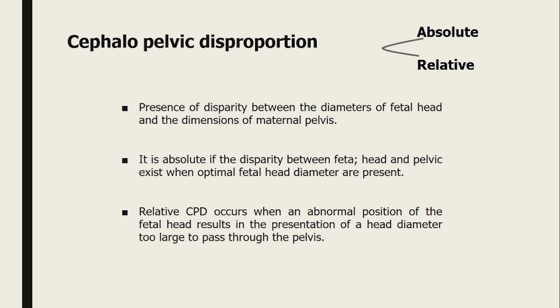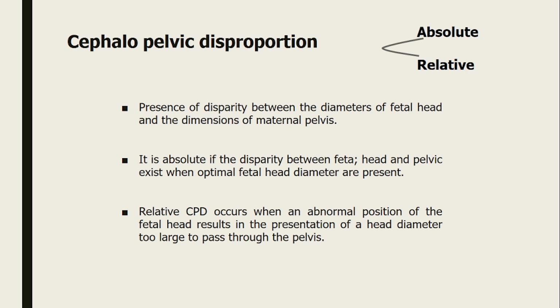And it is relative when an abnormal position of the fetal head results in the presentation of a head diameter too large to pass through the pelvis. That's relative because we're talking about abnormal position, like an occipitoposterior position, for instance, or a face presentation.